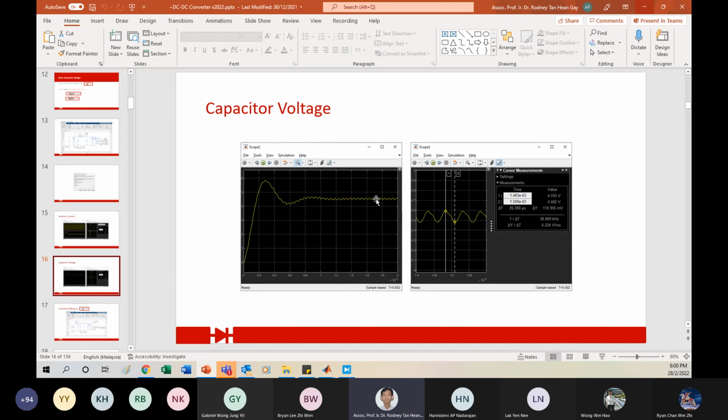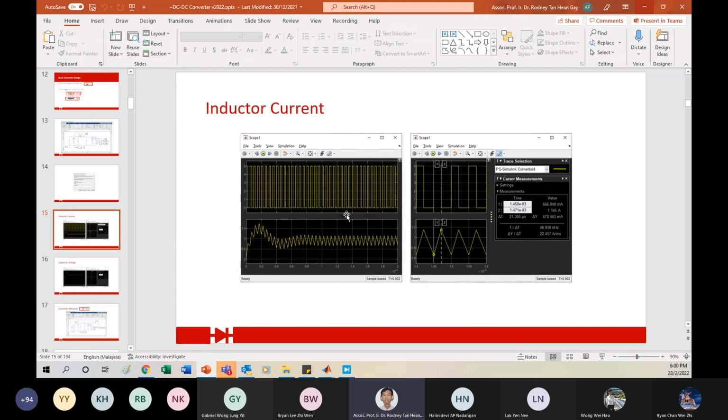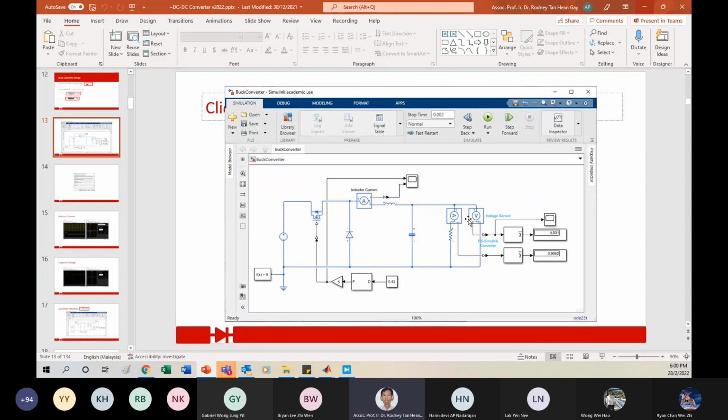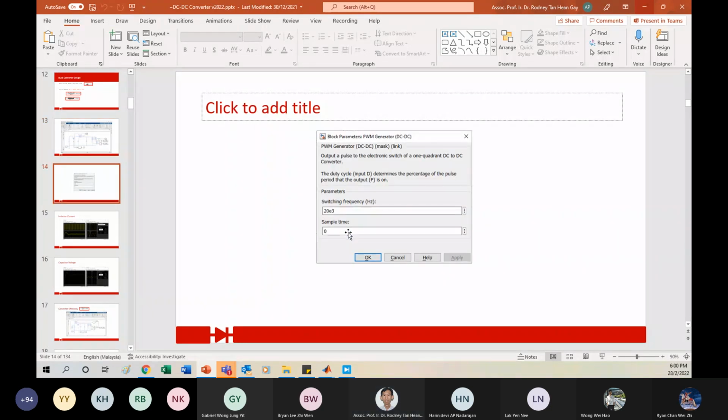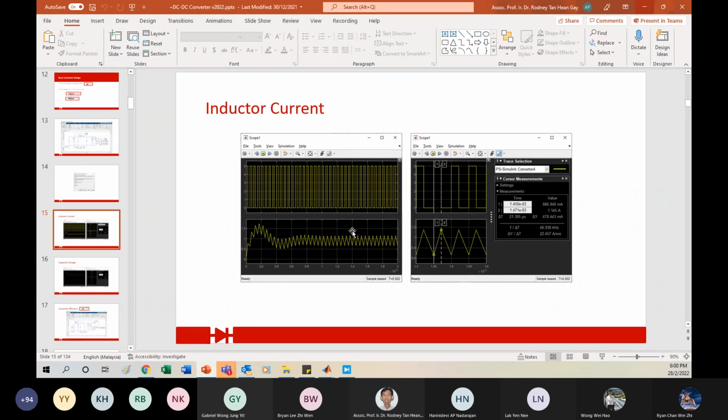So this is just to show you that when you design a buck converter, the capacitor and inductor are key, very important parameters for you to get a very good output. And of course, switching frequency is another factor. In this example, I'm using 20 kilohertz.